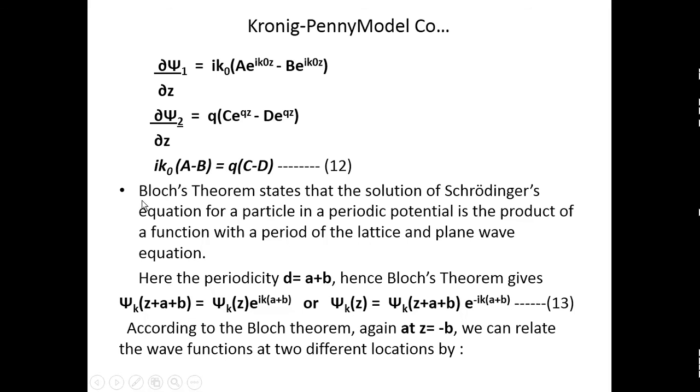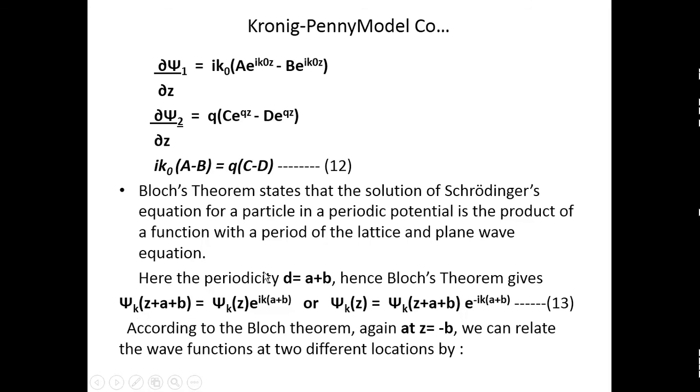You have to understand this Bloch's theorem. It states that the solution of the Schrodinger equation for a particle in a periodic potential is the product of a function with the period of the lattice and the plane wave. It means that the periodicity d is equal to a plus b. Applying Bloch's theorem to the wave equation, why k?